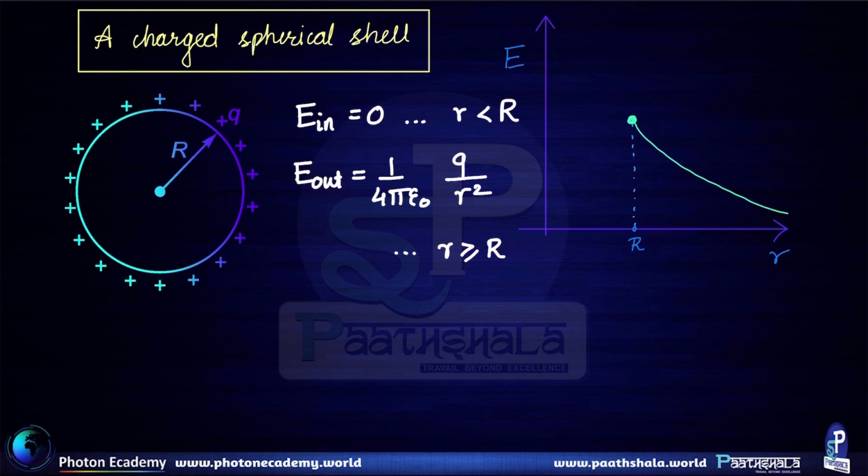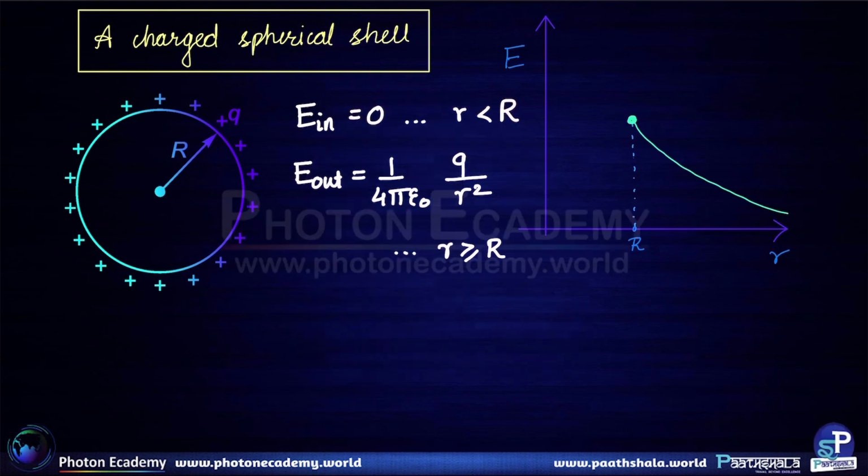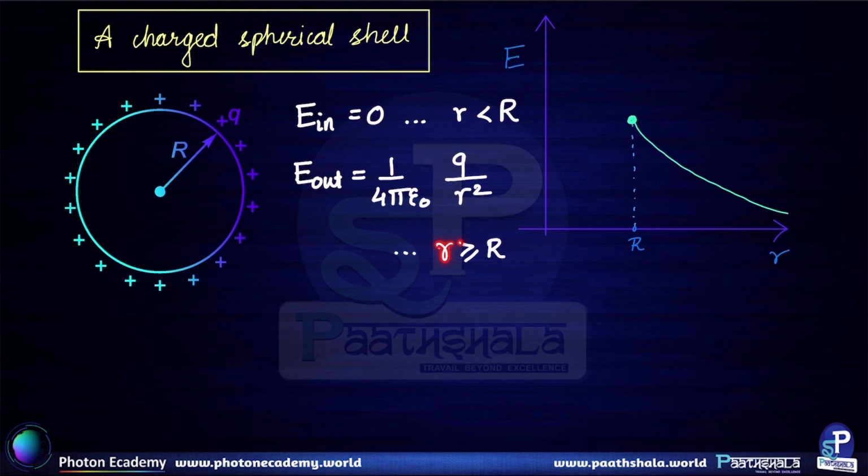Because of that, inside this hollow spherical shell, E is going to be identically 0 for r less than capital R, the radius. And outside the shell, E is going to be equal to 1 upon 4 pi epsilon naught, q divided by r square. This is for all the points outside this particular spherical shell. So for r greater than or equal to R, we have E outside as 1 upon 4 pi epsilon naught, q divided by r square.